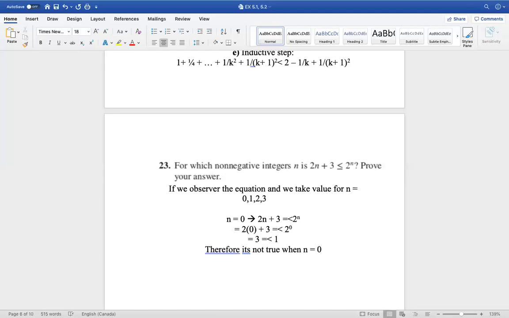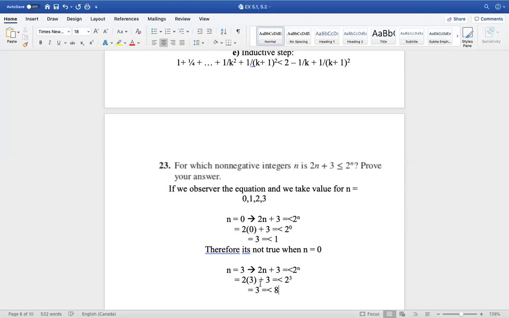And likewise we can prove for, let's say, 3 as well. I'm just going to copy this. So when n equals 3, 2n, we just replace the 0 with 3, and 2 to the power 3 is 8.